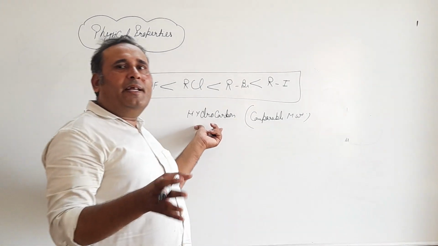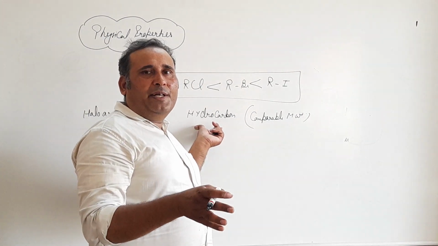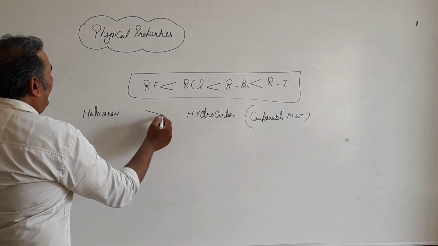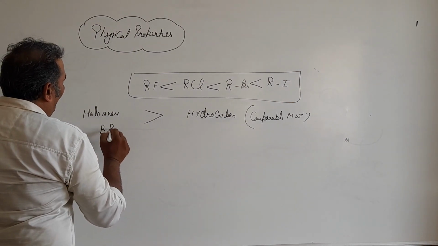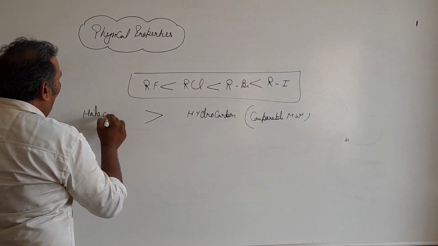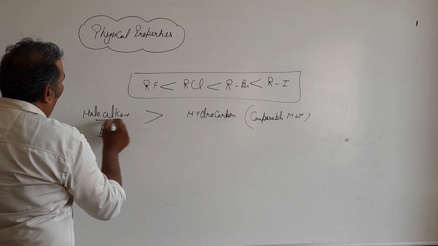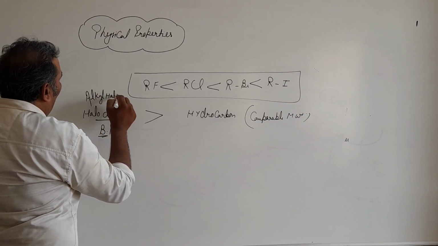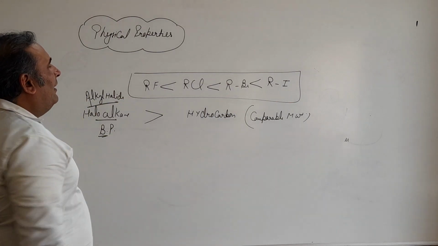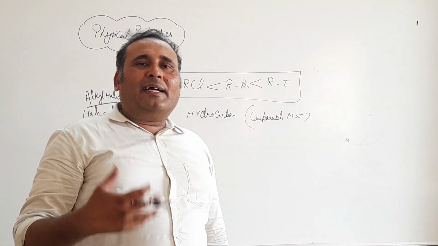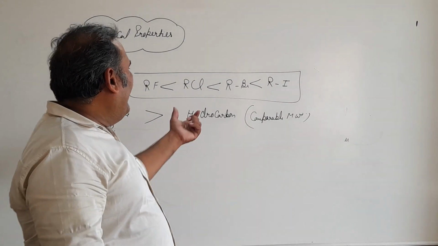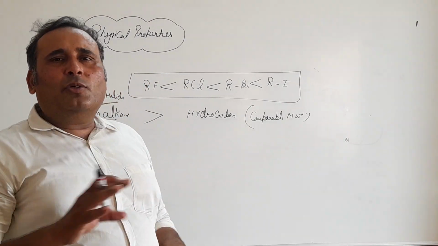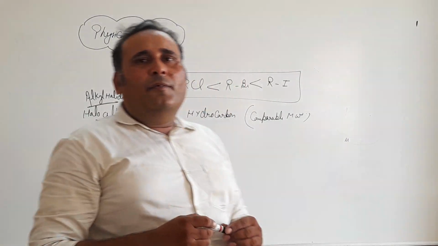Van der Waals forces of attraction are weaker than dipole-dipole interaction. So we can say the boiling point of haloalkane, or alkyl halide, will be more than the hydrocarbon which has almost similar molecular weight.